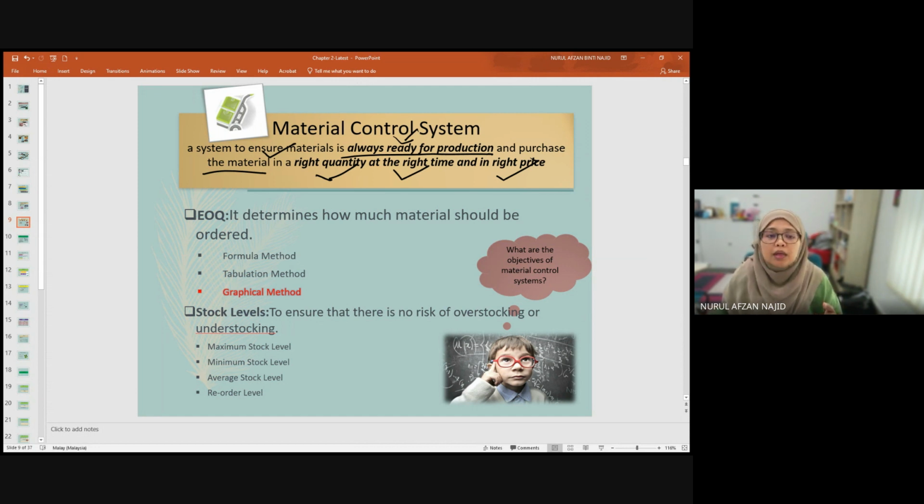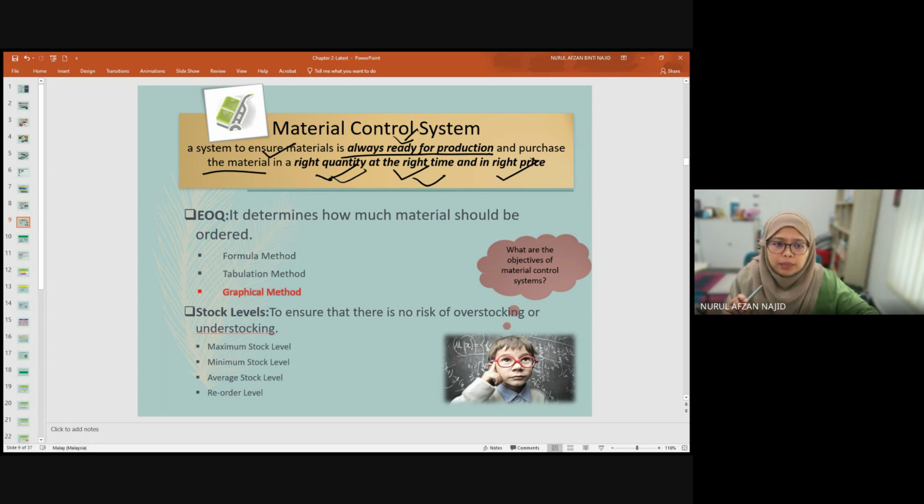So it's not possible berlaku kepada production industri. Okay, so you need to make sure that you are purchasing the right quantity at the right time. You tak boleh kata, production minta, alamak tak ada hari ni, besok mungkin ada. Tak boleh, benda tu tak boleh berlaku.